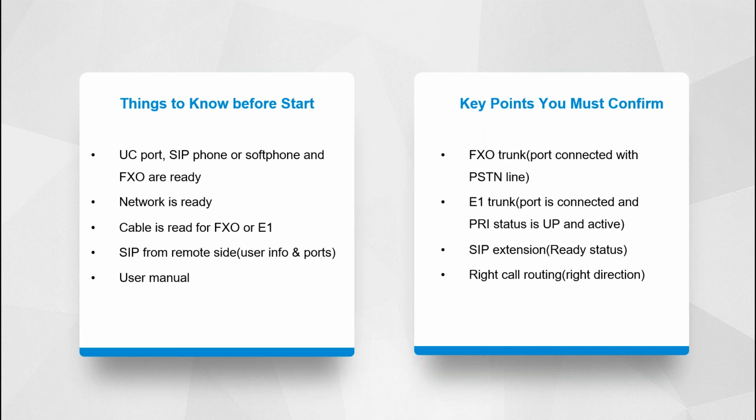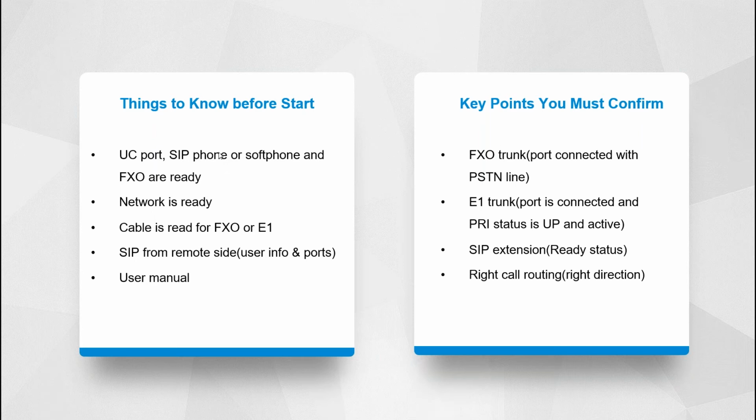Now we will talk about some technical things. Before we start, we have to know, because if you set up the PBX, a lot of things need to be done. So it is better, before you start up your system and make sure everything works properly, to check a few things.